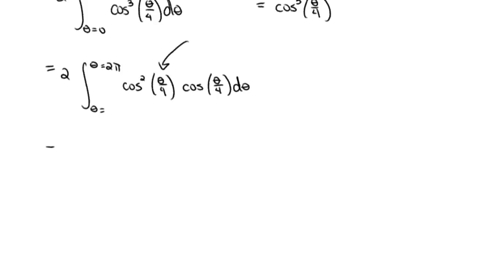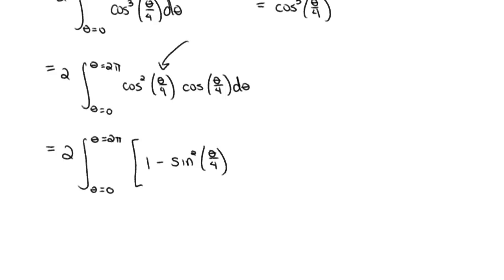Keep my handwriting a little bit better. Geez. Theta equals 0 to theta equals 2 pi. We have a group here of 1 minus the sine squared of theta over 4 times the cosine of theta over 4.